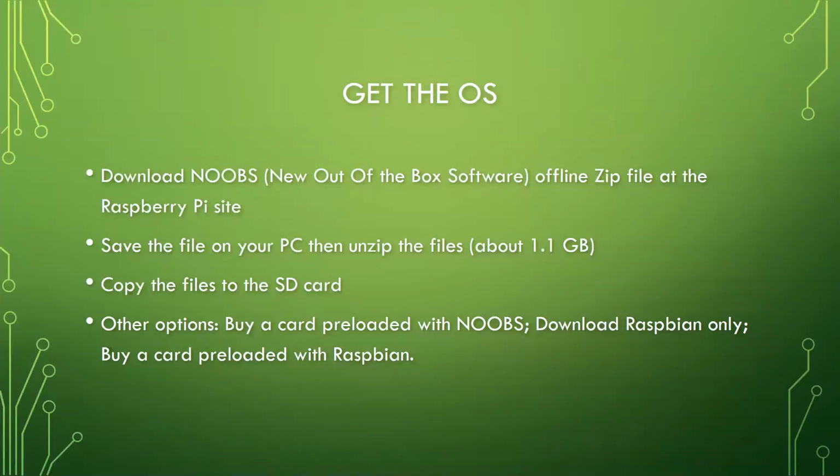Noobs is the new out-of-the-box software that they have available at the Raspberry Pi site. I chose to be a masochist, and I downloaded that. It's available as a zip file. You save it to your system and unzip it. It comes out to just over 1 gigabyte, and then copy all of those files to the SD card that's been prepared.